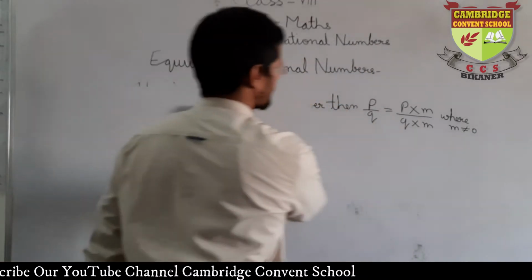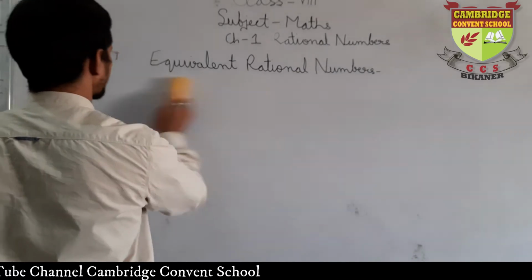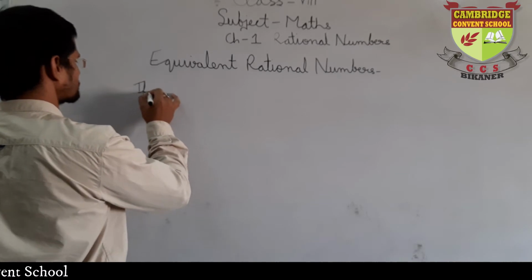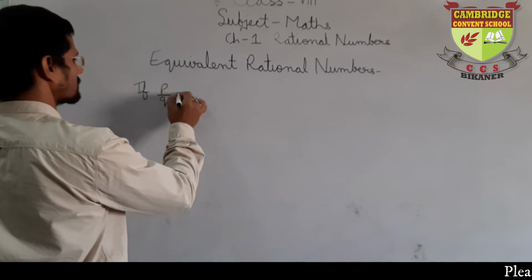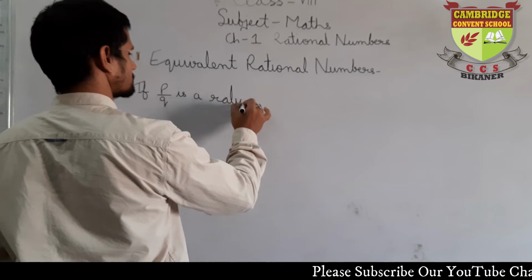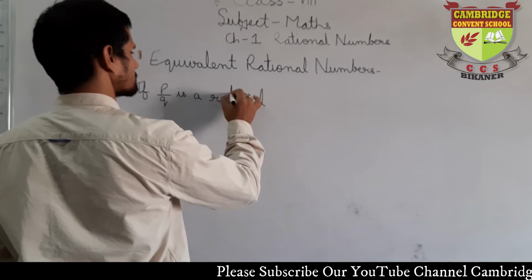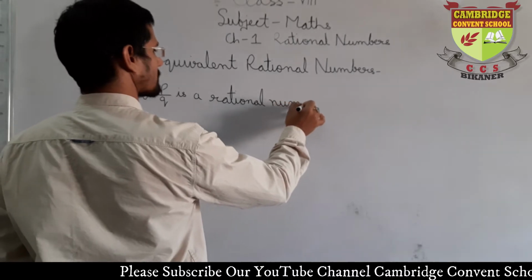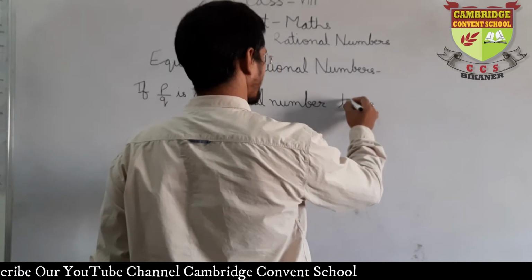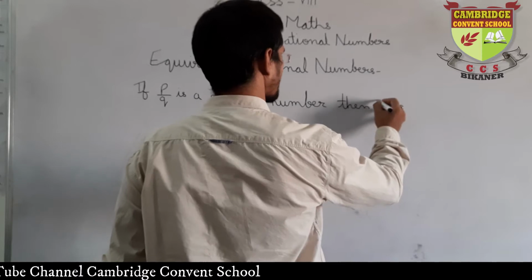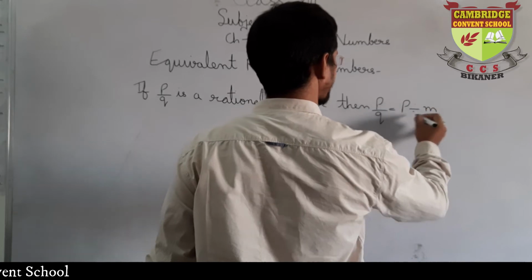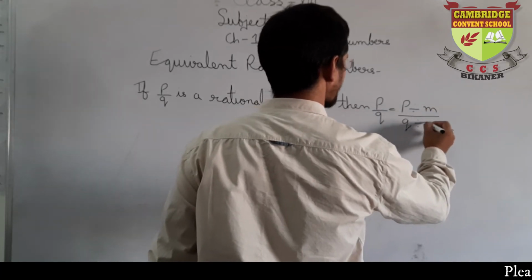If p upon q is a rational number, then p upon q is equal to p divided by m upon q divided by m.